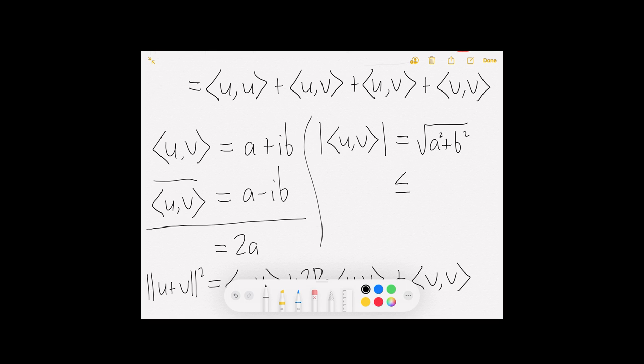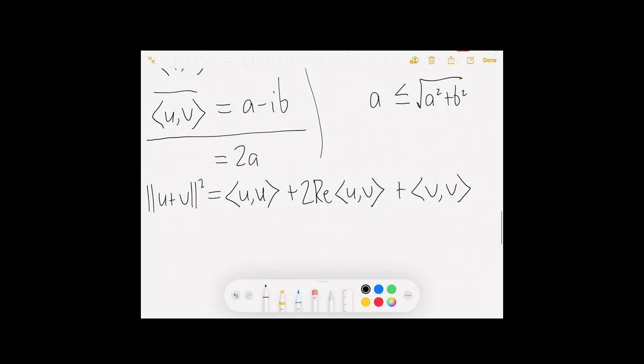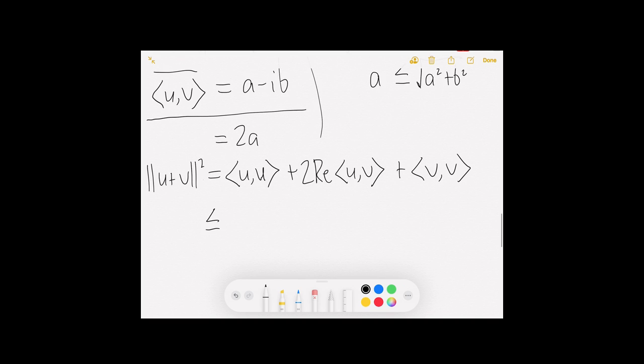And this, we know, is bigger than or equal to a, since b squared is a non-negative real number. If that's the case, we can make this into an inequality and write that we have this.